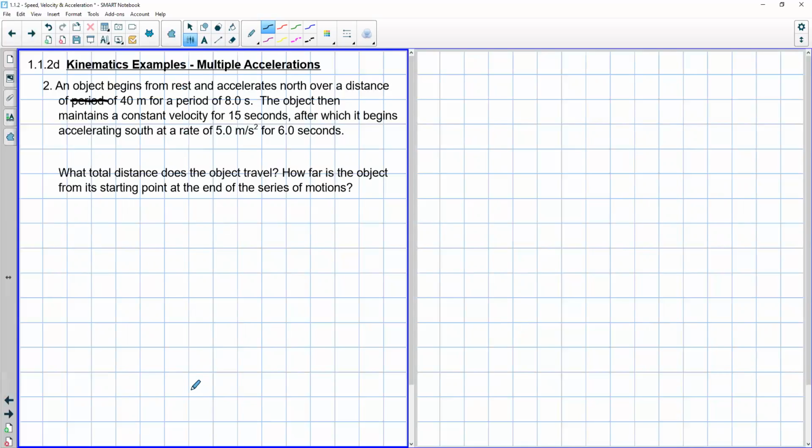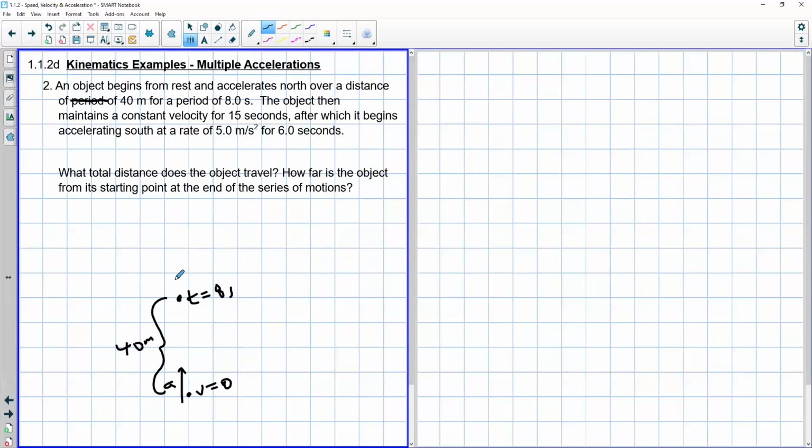So let's start here. Our speed is 0. We accelerate north. We travel 40 meters in 8 seconds. So the time at which we're here is 8 seconds.